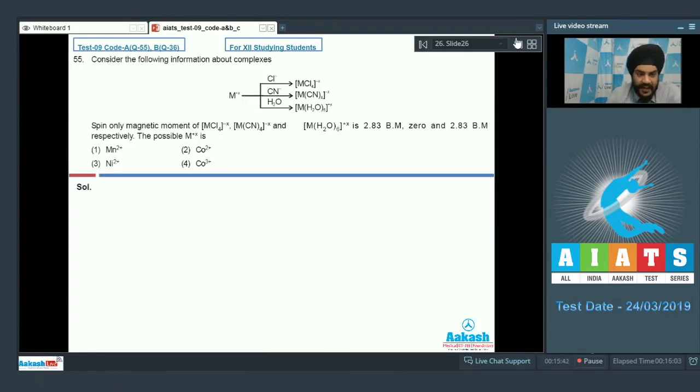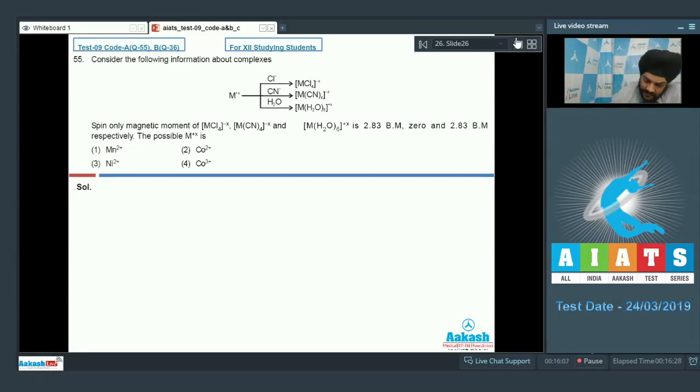Question 55. Consider the following information about complexes. So we have been given M^x+, which is allowed to complex with chloride ions, cyanide ions and water. It is given to us that the spin only magnetic moment of these complexes are 2.83, 0 and 2.83 Bohr magneton respectively. Then the possible M^x+ is. So firstly, let us try and figure out the charge.